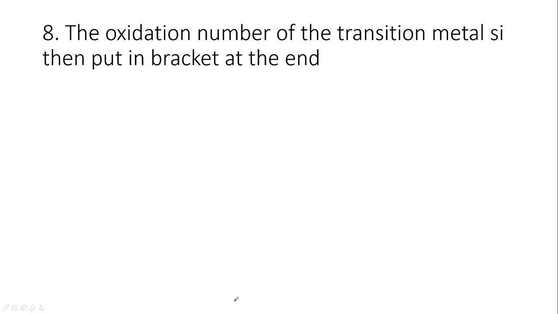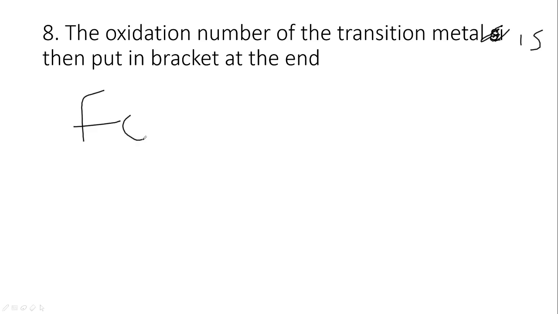Now the rule is, the oxidation number of the transition metal is meant to be in brackets. Sorry for the mistake. The oxidation number of transition metals is put in brackets at the end. Whenever you're done naming a transition metal complex, you put the oxidation number in brackets. I've given an example with manganese.